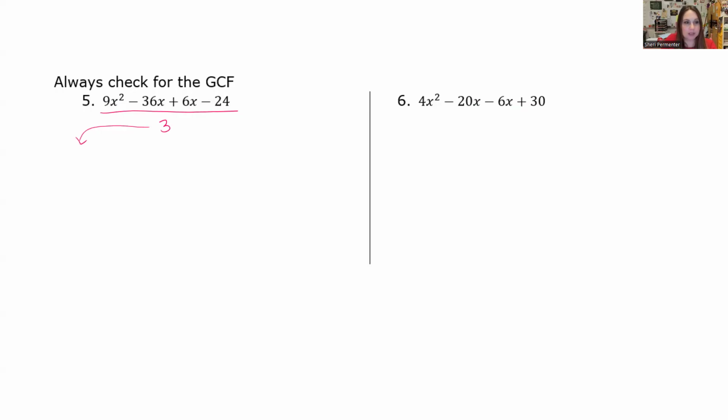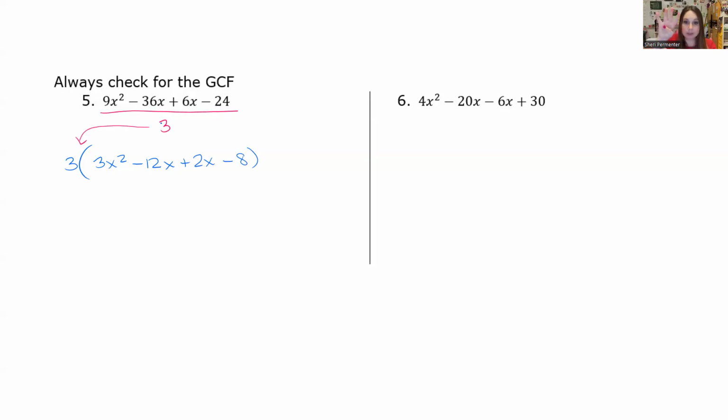GCF always goes out into the front. So 3 goes out in the front. And then I'm going to divide everything by 3. 9 divided by 3 is 3. 36 divided by 3 is 12, and it's negative. So negative 12x. 6 divided by 3 is 2. Negative 24 divided by 3 is negative 8.